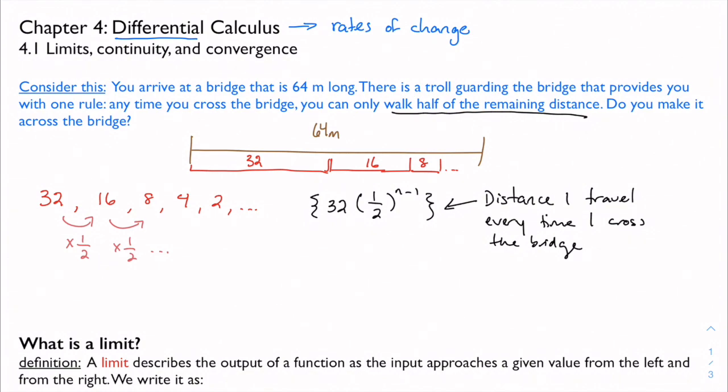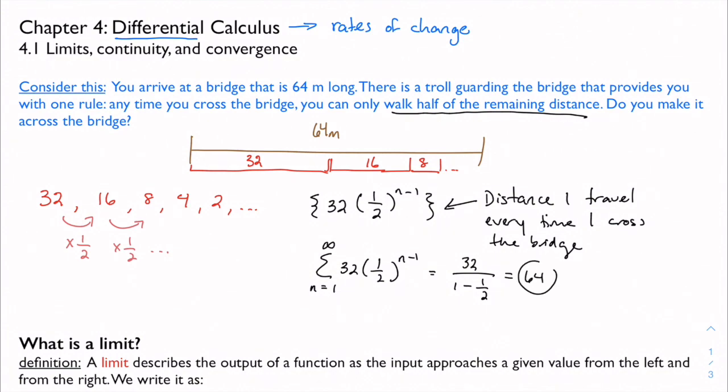But if I were to add up the infinitely many times I attempt to traverse the bridge, as we learned in chapter 1, this is an infinite convergent series because my common ratio is between -1 and 1. Well, then my sum is 64.